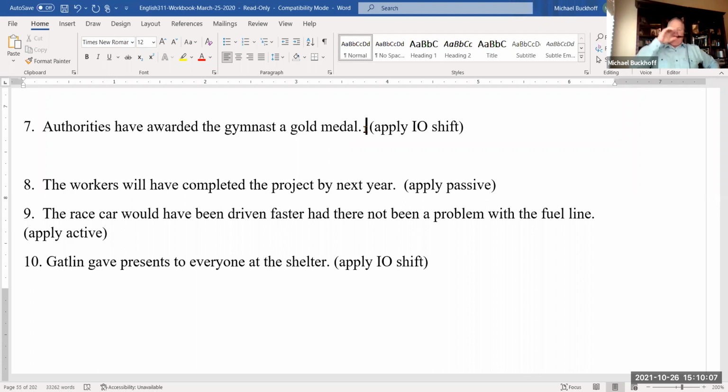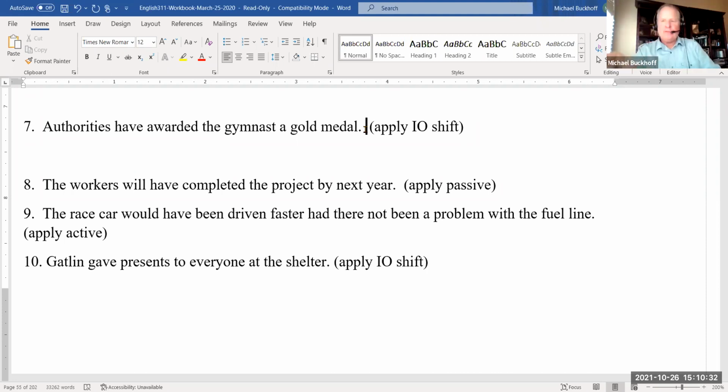But that doesn't technically answer my question. How is this not passive voice? What does it not have in it? If it had this one word in there, it would be passive voice. What is that word? Been?